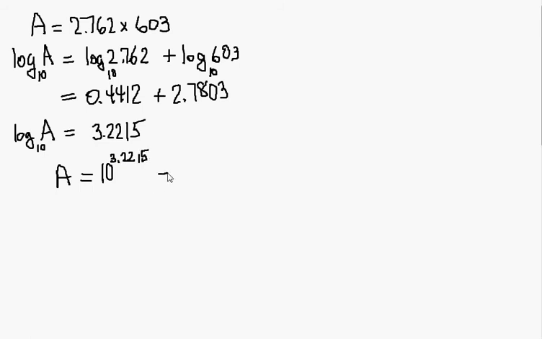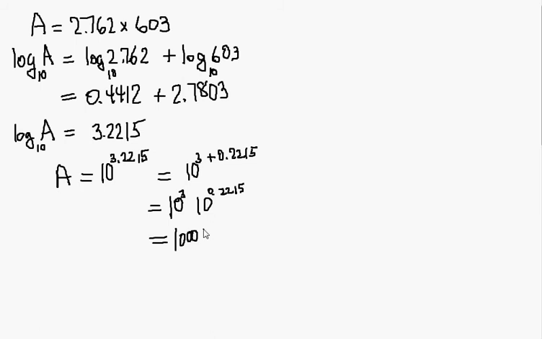Now that's equal to 10 to the third plus 0.2215, which is 10 to the third times 10 to the 0.2215. Now 10 to the third I know automatically, that's 1,000.